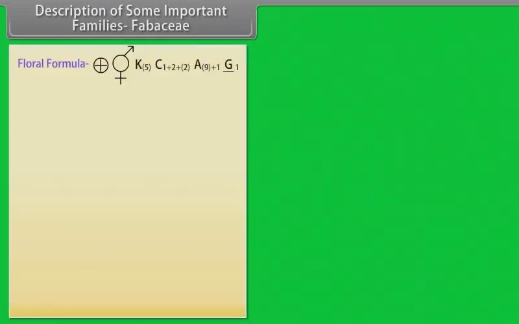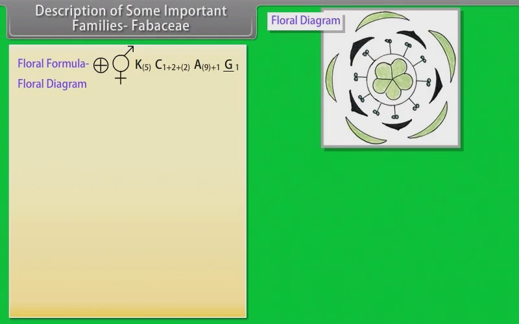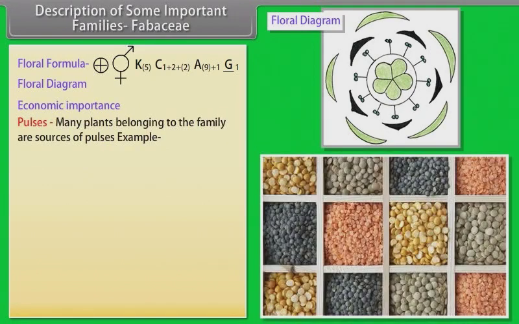Floral formula is shown, and this is the floral diagram. Economic importance. Pulses. Many plants belonging to the family are sources of pulses.